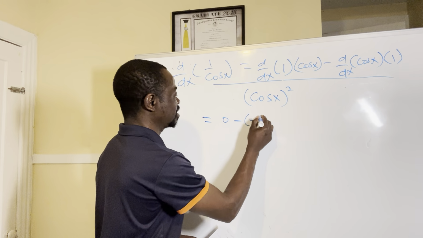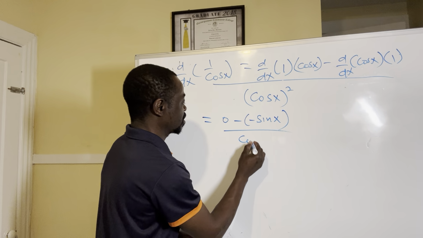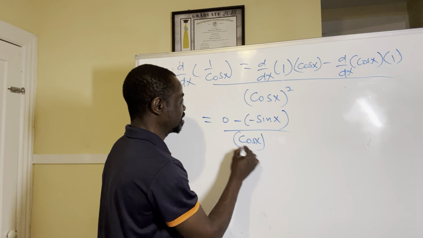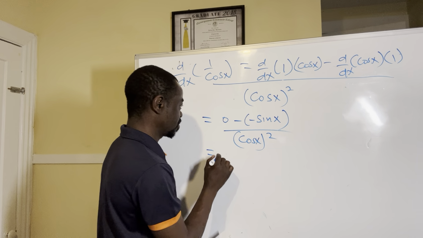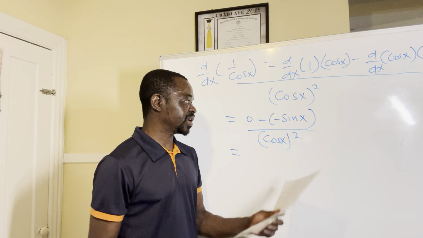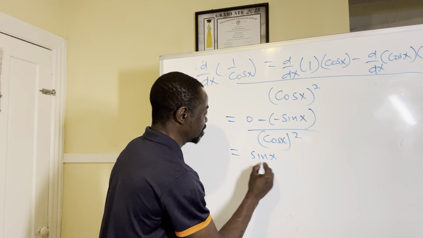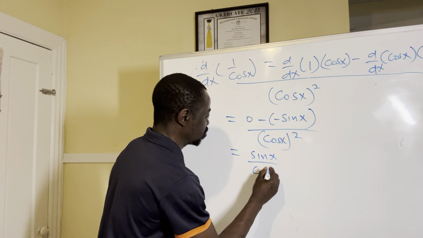So minus sine of x all over cos of x, and we square it. So negative gives us positive. So 0 plus sine of x gives us sine of x. So here I have sine of x all over cos square of x.